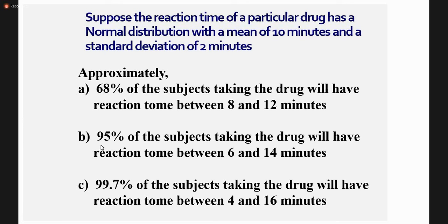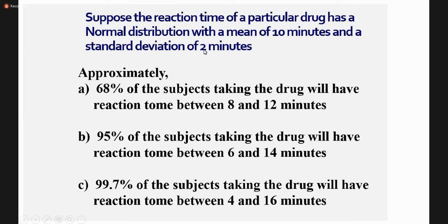So here you can appreciate that if this standard deviation were less than 2 minutes, say 1 minute, everything will change. The less the deviation, the less the variability, the more the power you will have to precisely estimate the reaction time of that drug.